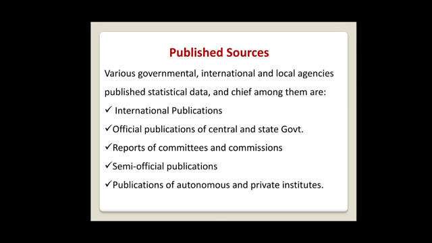These reports are like Planning Commission reports, Finance Commission reports, etc. Students, another important source of published information is semi-official publications, or we can say semi-government publications. These are the semi-government institutions such as municipal councils, district boards, panchayats, etc. These institutions publish data about births, deaths, health, education, etc.